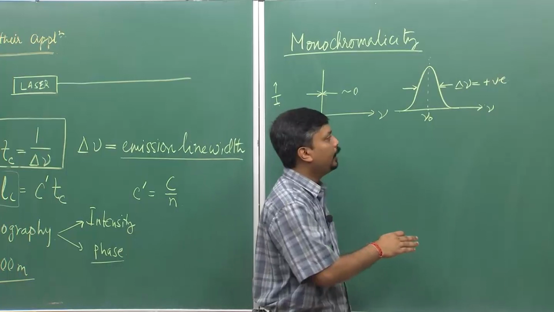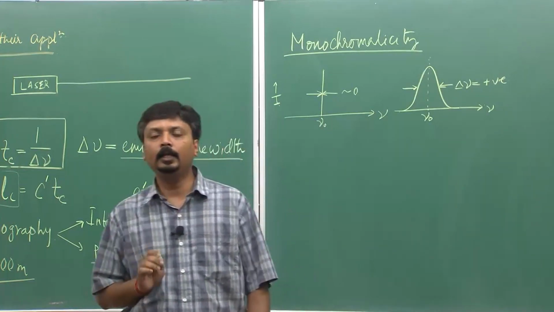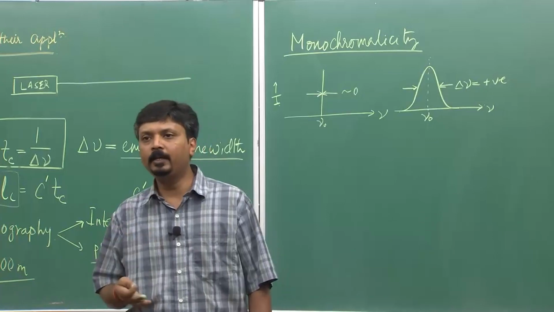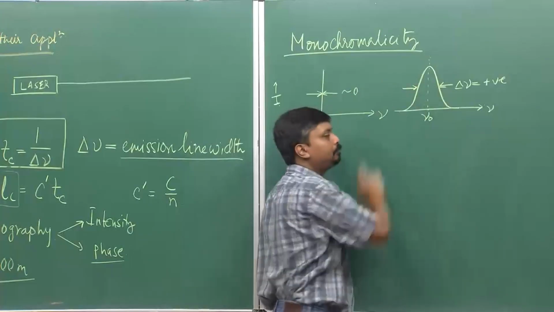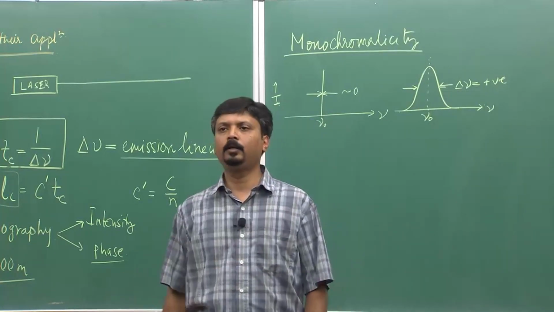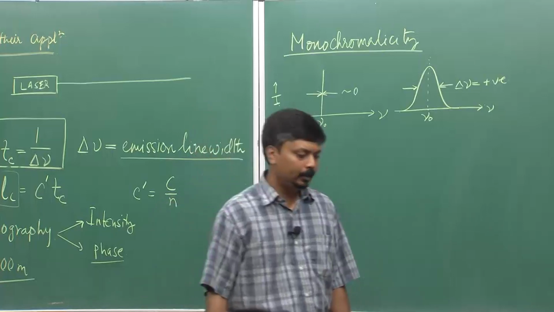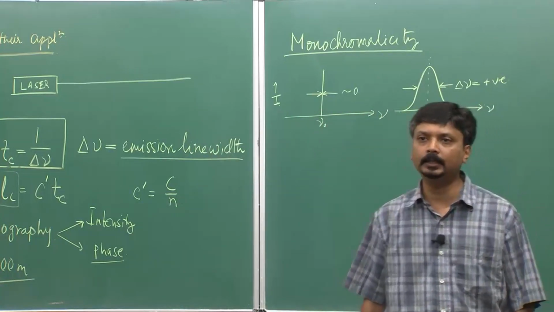If you ask what is the reason behind having a width, I will very briefly tell you that there are several factors which cause this line to spread. There are things like homogeneous line width and heterogeneous line width.